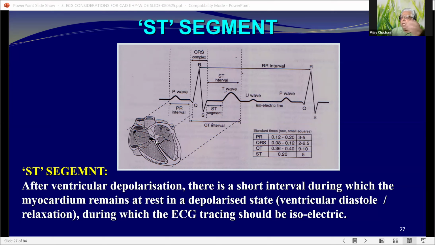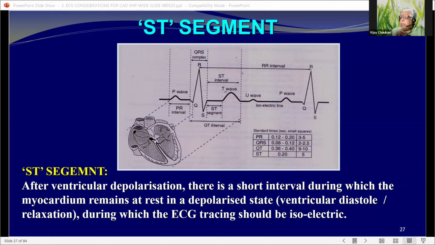There is a small resistance which doesn't allow the electrical current to pass immediately to the ventricle, to the bundle of His, but it takes some time. That time, apart from the P wave, is the PR interval. So this is a complex which indicates the atrial activity, right and left.